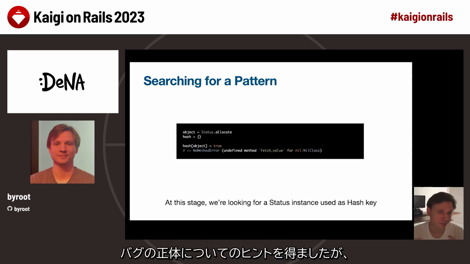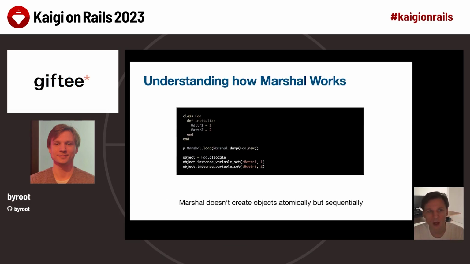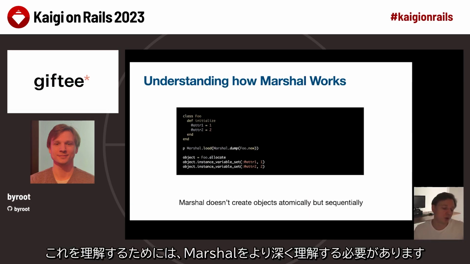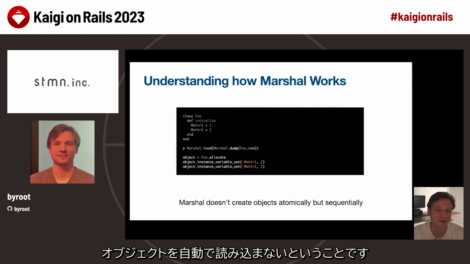So now I had a good idea of what it could be, but I needed to understand how we could get there. To better understand that, we need to better understand Marshal. The key thing to understand about Marshal is that it doesn't load objects atomically.